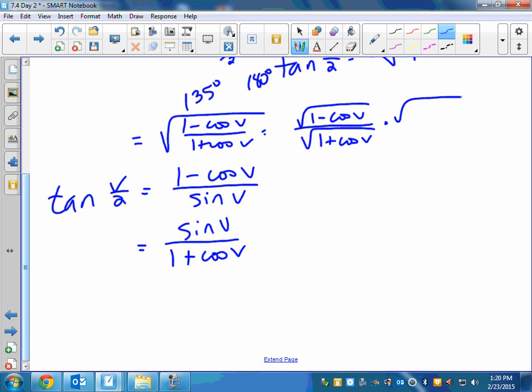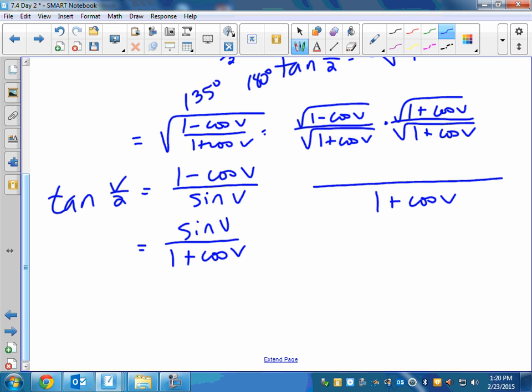So what if I multiply the top by 1 plus cosine v? On the bottom, if I take a square root times itself, do you agree I would just get 1 plus cosine v? Yes, because the square roots cancel each other out.